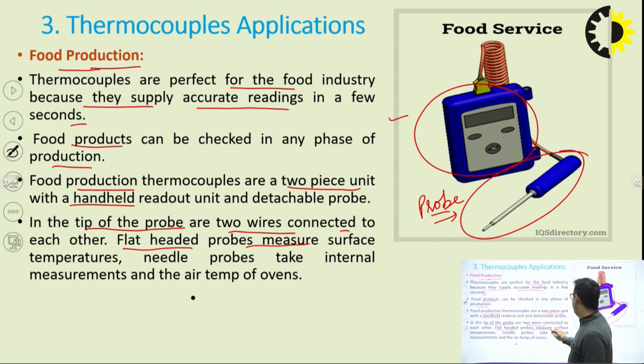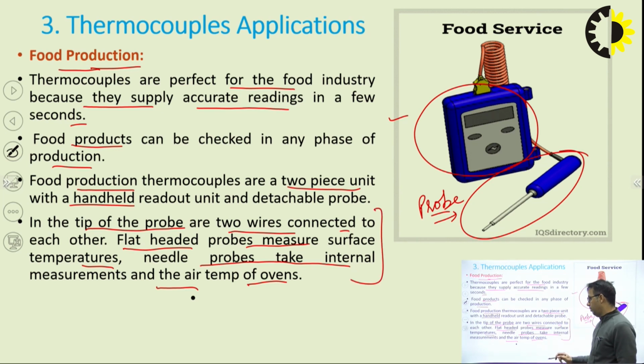A flat-headed probe measures the surface temperature. A needle probe takes the internal measurement and the air temperature of ovens. So by this measurement we can make the food delicious, or we can cook the food in a proper manner.